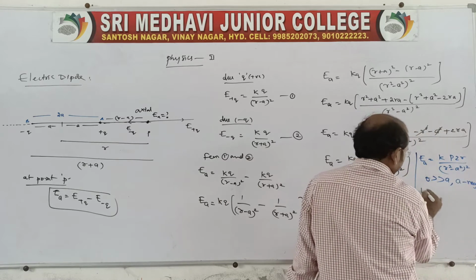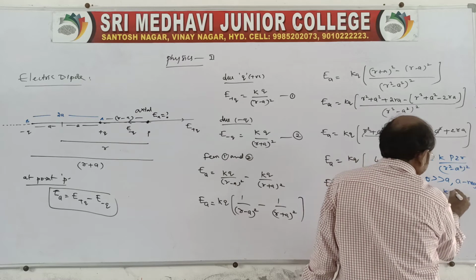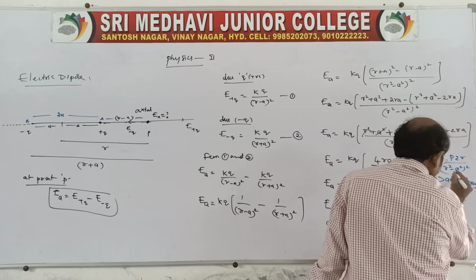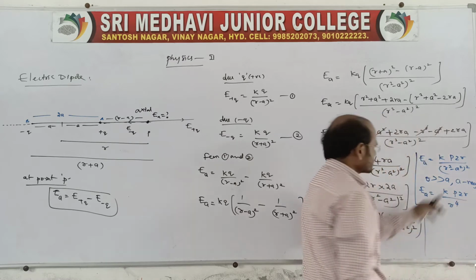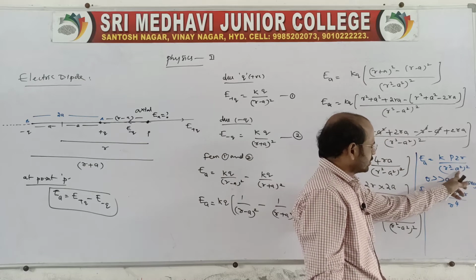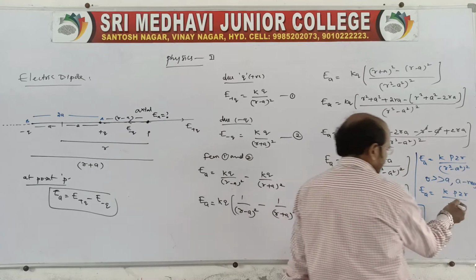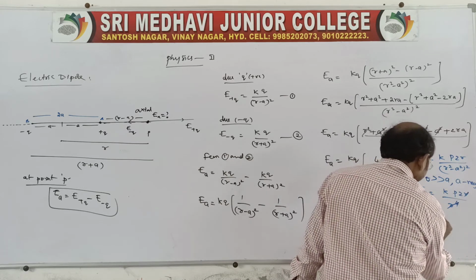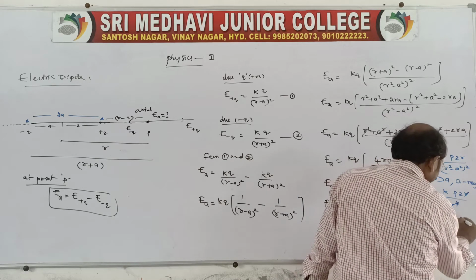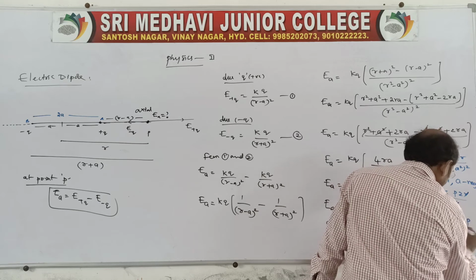So on the axial line it is k into p into 2r by r to the power 4, because a square is neglected, r square whole square becomes r to the power 4. Cancel one r: on the axial line it will be k into 2p by r cube.